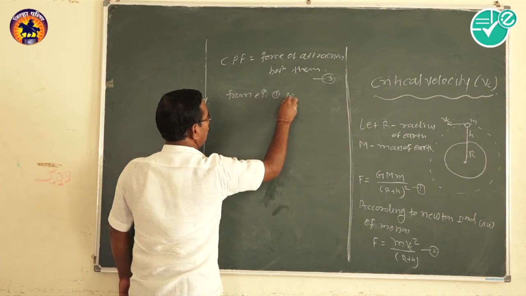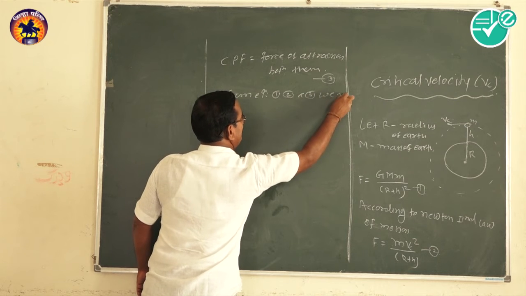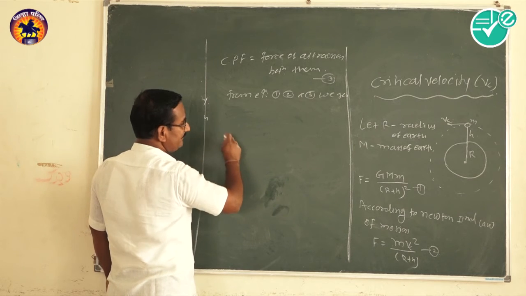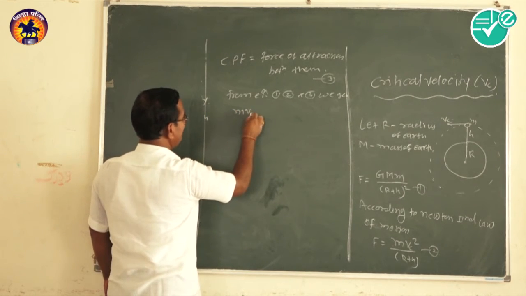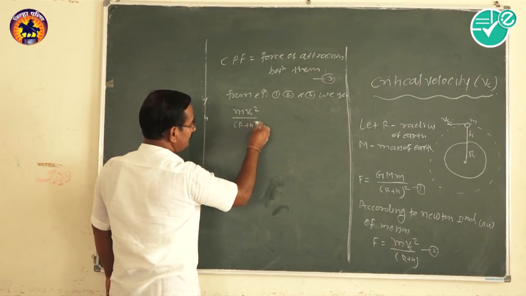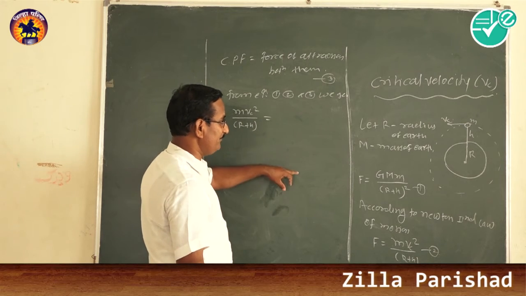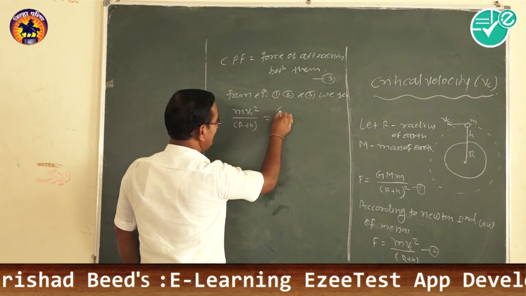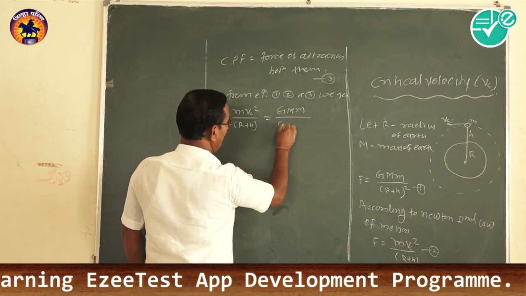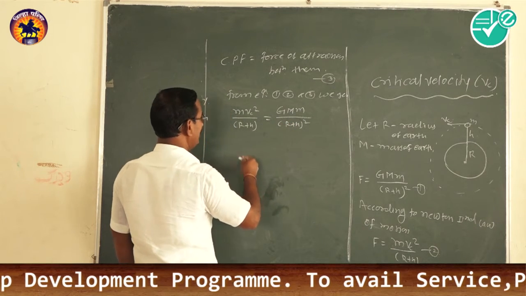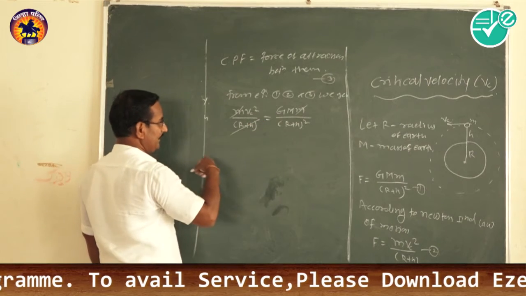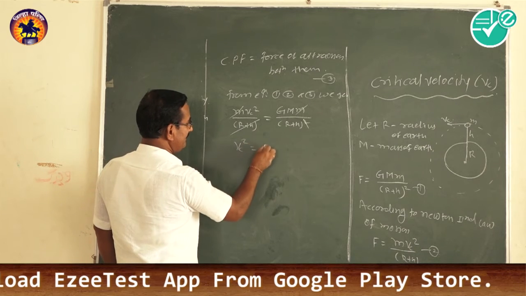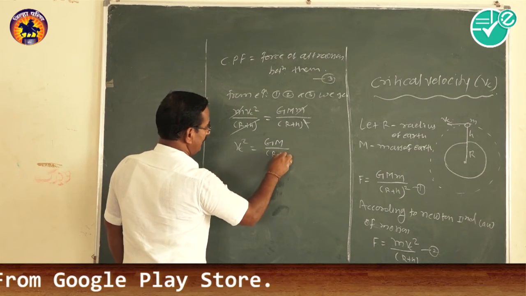Then from equations 1, 2 and 3 we get: the centripetal force, m Vc square by (R plus h), is equal to the force of attraction between Earth and satellite according to Newton's law of gravitation, G capital M small m upon (R plus h) whole square. The small m cancels, one (R plus h) cancels, and Vc square is equal to G capital M upon (R plus h).